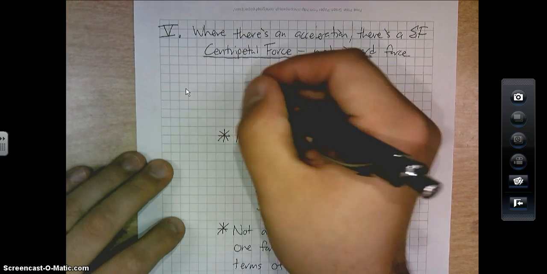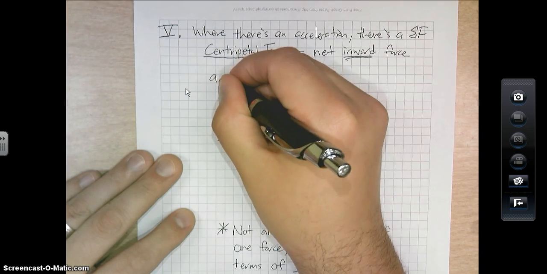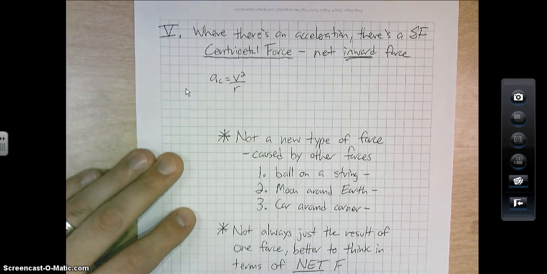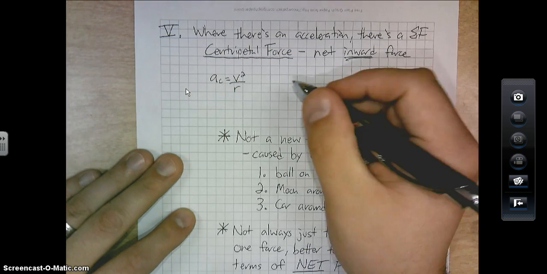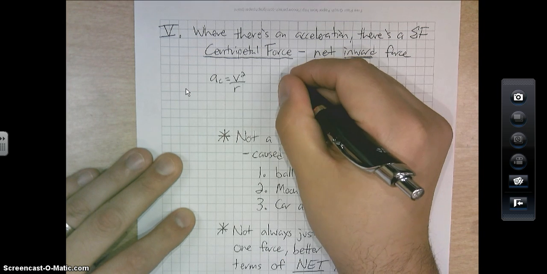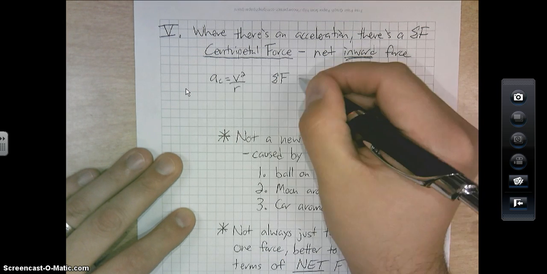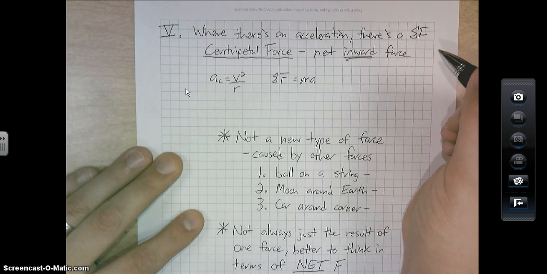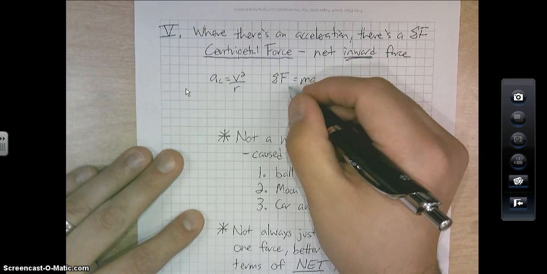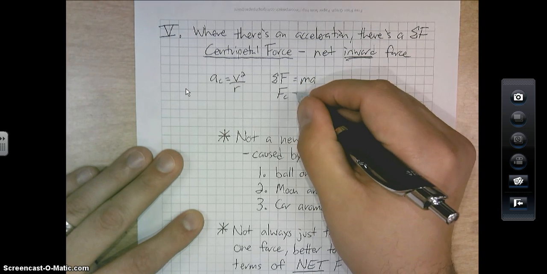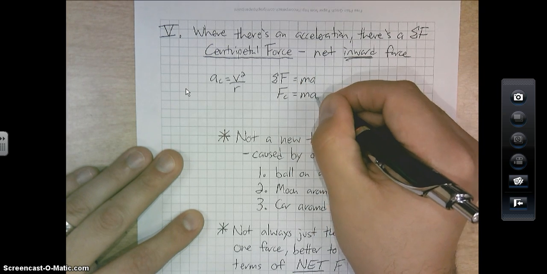Okay, so again, if I look at my centripetal acceleration equation, in the last unit the sum of the forces was always equal to m times a. Well, now let's think of it as the centripetal force, because it is a net force, is equal to m times the centripetal acceleration.